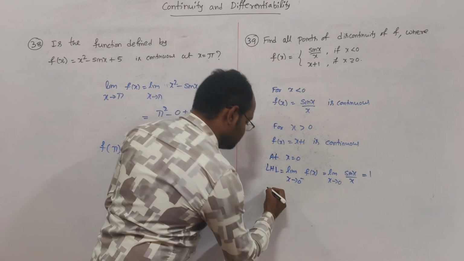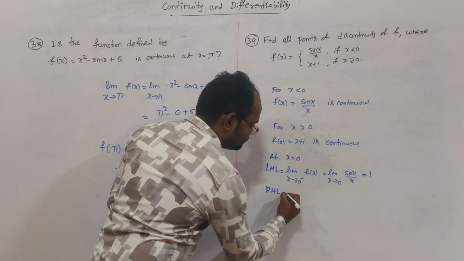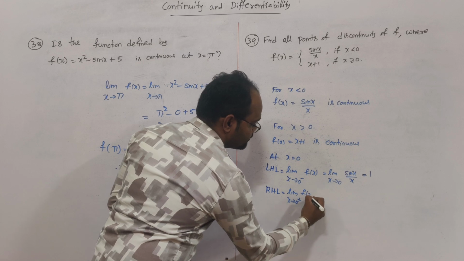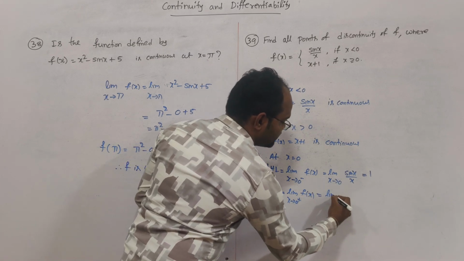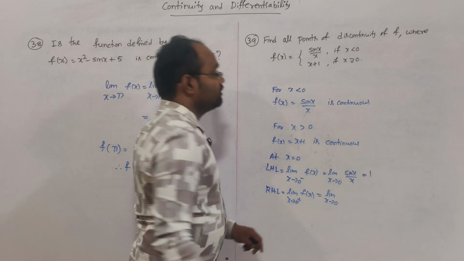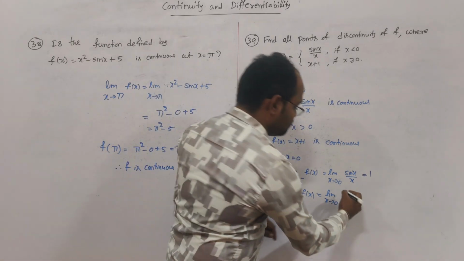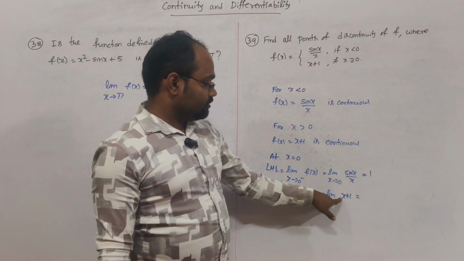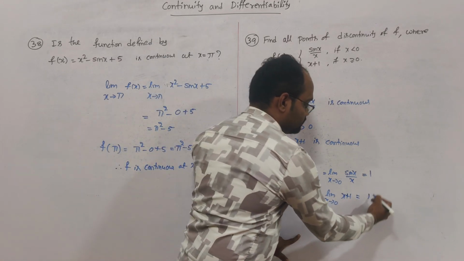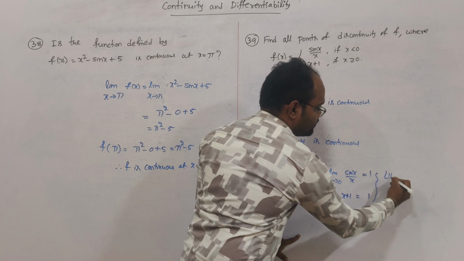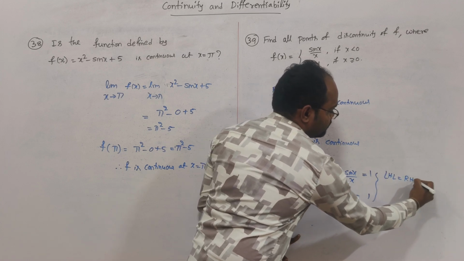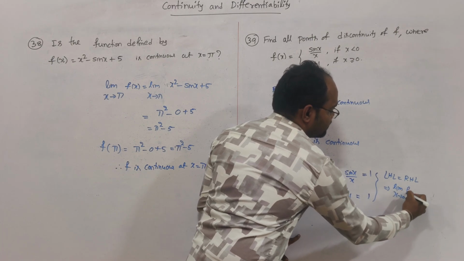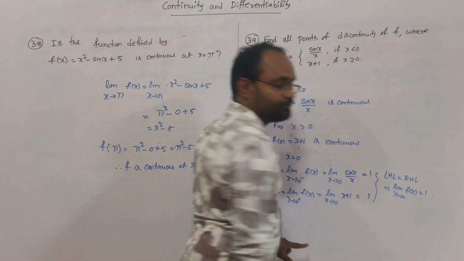And RHL, limit as x tends to 0 plus f of x, that is equal to limit as x tends to 0 with x greater than 0, the function x plus 1. Substituting 0, we get 0 plus 1, that is also 1. So LHL equal to RHL. This implies limit as x tending to 0 of f of x is equal to 1.